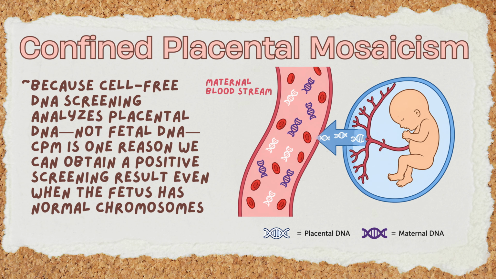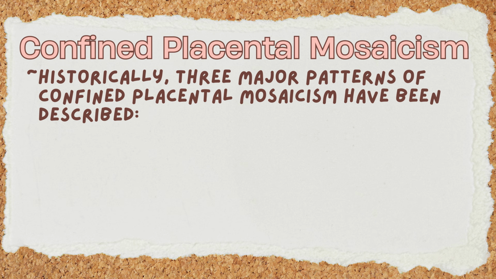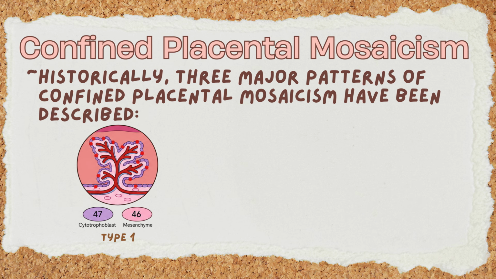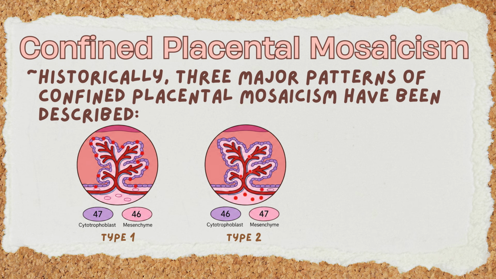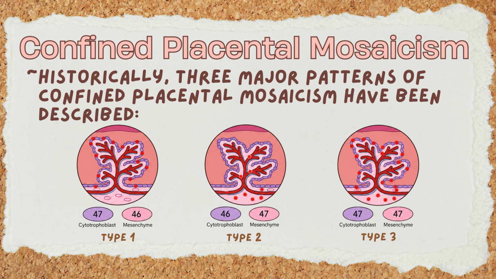Historically, 3 major patterns of confined placental mosaicism have been described. Type 1, involving the cytotrophoblast, type 2, involving the extraembryonic mesenchyme, and type 3, involving both the cytotrophoblast and mesenchyme.